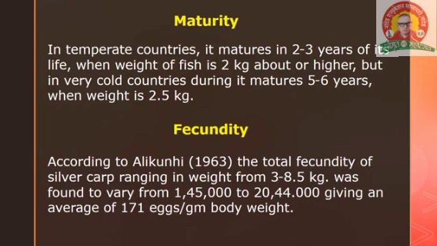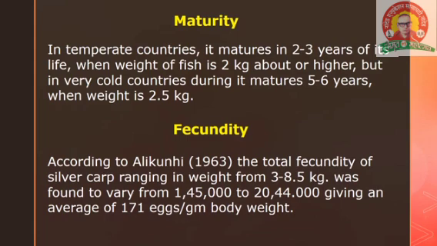Okay, then about the fecundity. What is meant by fecundity? What is the definition of fecundity? Number of eggs laid by a female fish per gram of its body weight. It's called the fecundity.